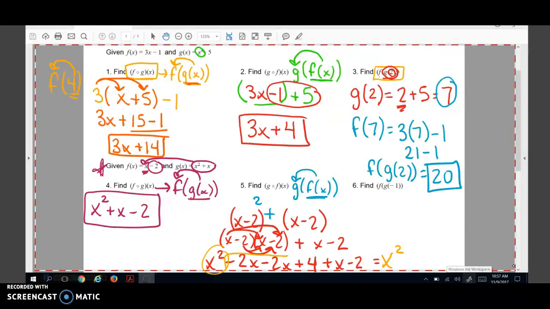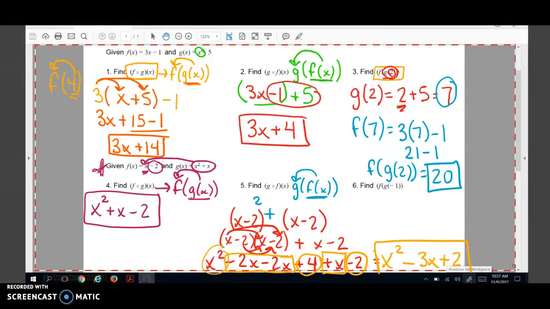We have a minus 2x, another minus 2x, and an x. So minus 4x, but then plus x leaves me with a negative 3x. Then for my constant terms, I have a plus 4 minus 2, which would be a plus 2. That one's a little bit more work, but still we're just taking our equations and substituting them in.